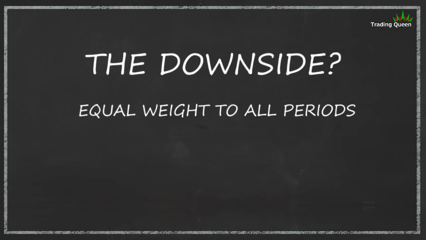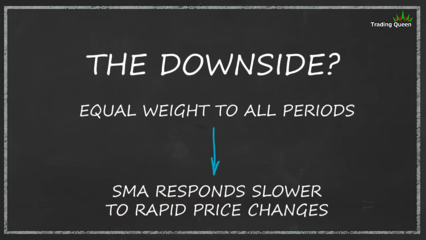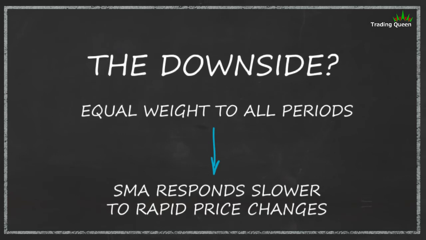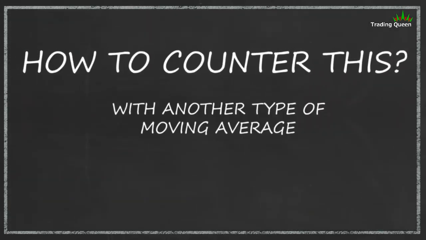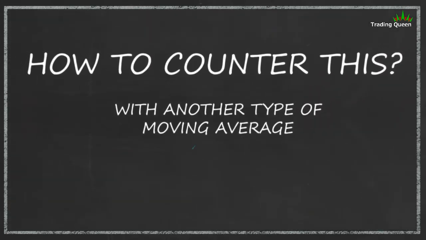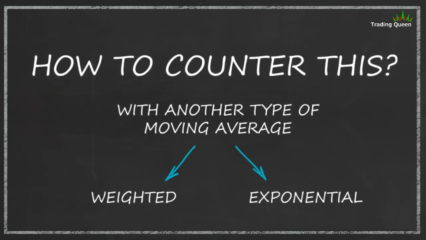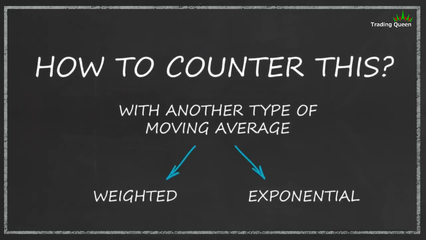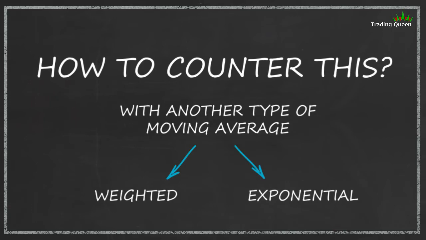As equal weight is given to all periods considered in the calculation, the simple moving average is slower to respond to rapid price changes that might prove to be important. So how can you counter this? With another type of moving average, either a weighted or an exponential moving average.